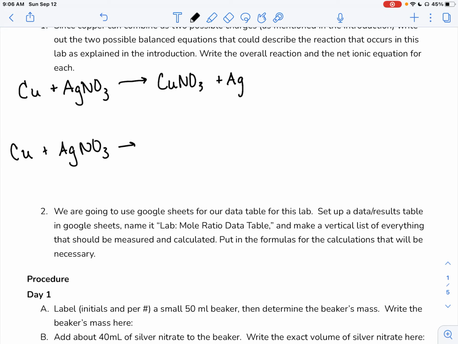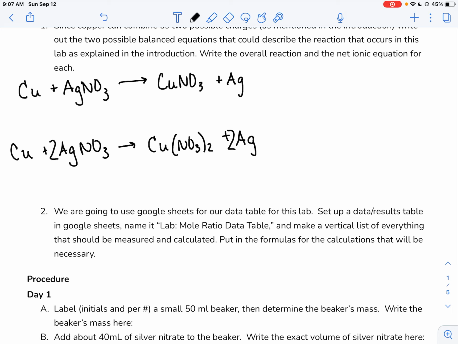But if it's copper 2, we get CuNO3 too. And that's the only difference. We still have silver nitrate, we still have silver at the end. So this one requires us to balance. And that's how we're going to figure out which reaction actually happens once we do all the calculations, is by that mole ratio.